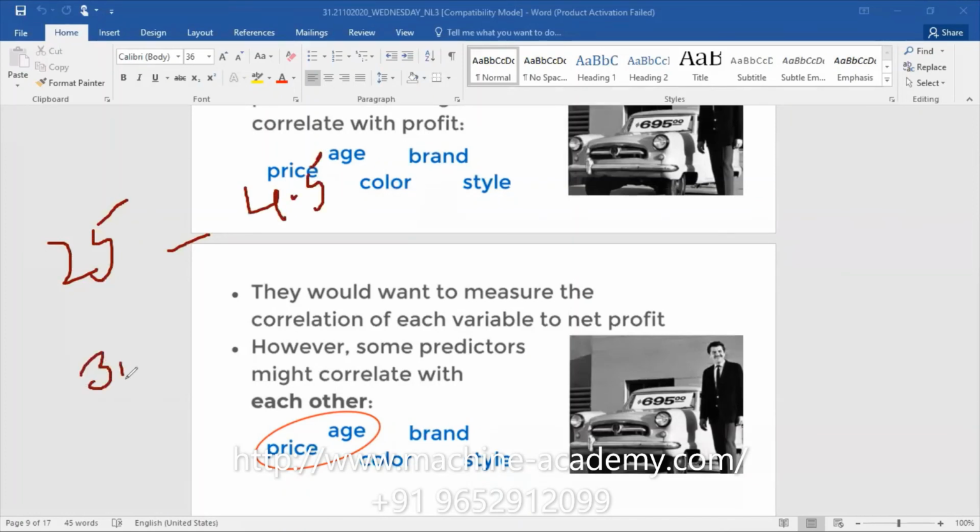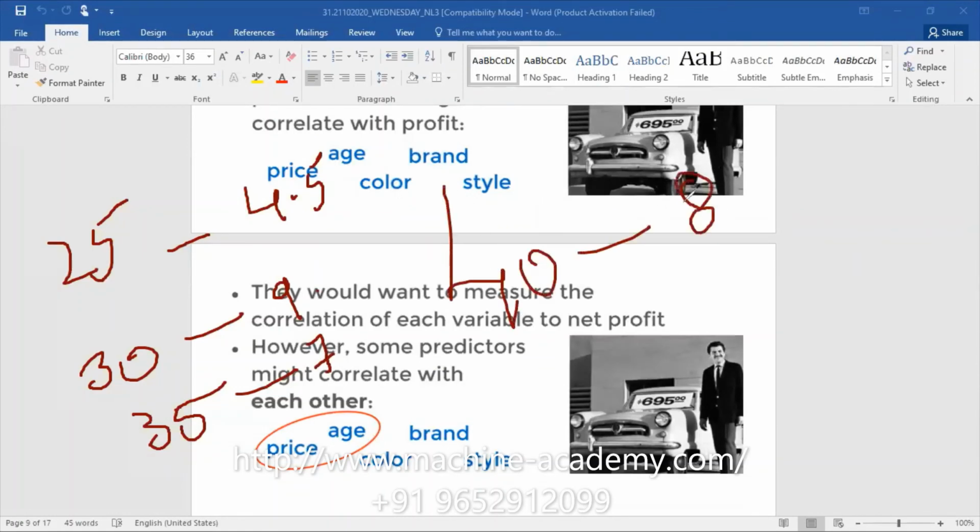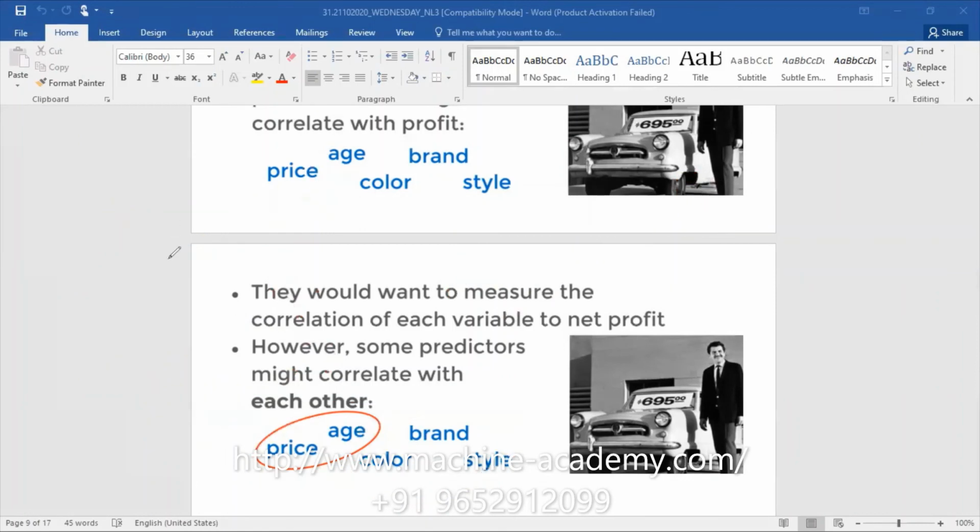When the age is 30, some people are ready to pay 9 lakh per vehicle, or at age 35 they want to pay 10 lakh. It depends totally. At 40 years of age, maybe they are ready to pay 8 lakh. So instead of all these variables, these two particular variables play an important role in identifying the correlation with the net profits of used cars.